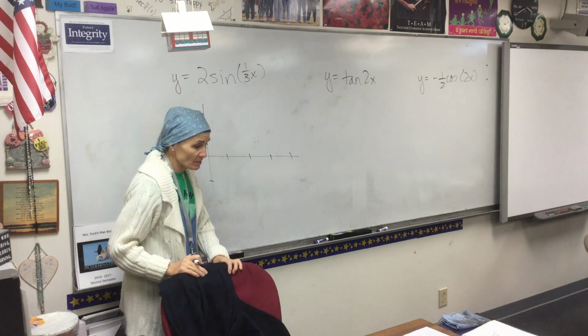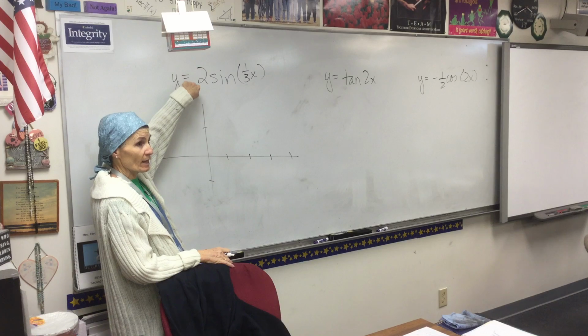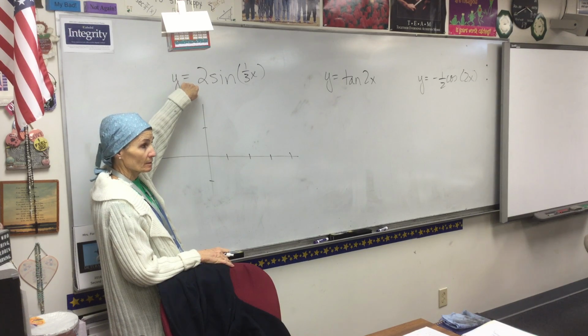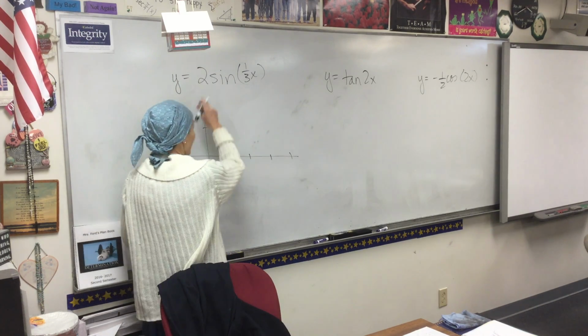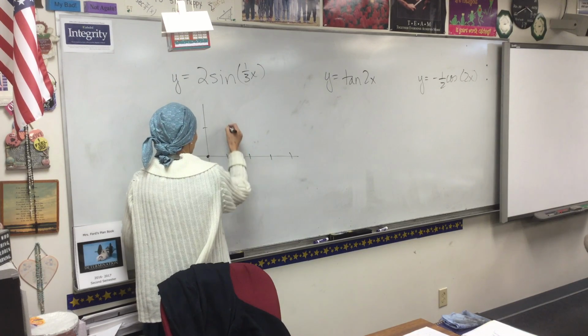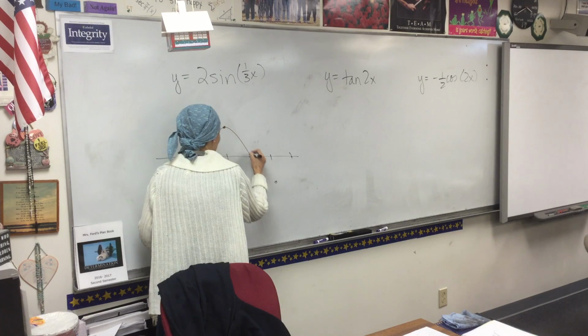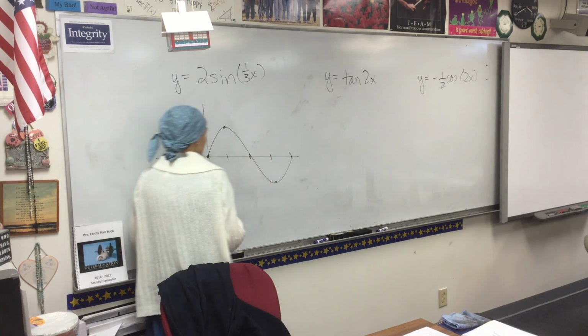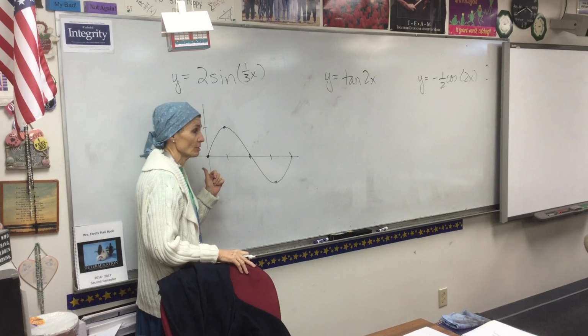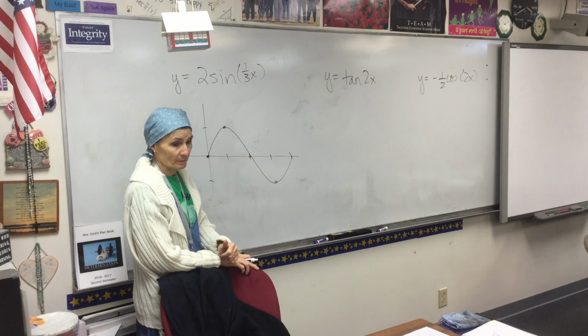Now we got to pay attention to whether this is positive or negative, right? So since it's positive, this is going to be a regular old sine curve, going up, then down, then up again, just like that. So that's the picture of your sine.